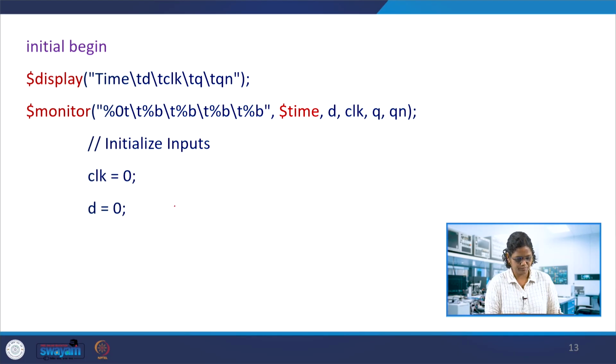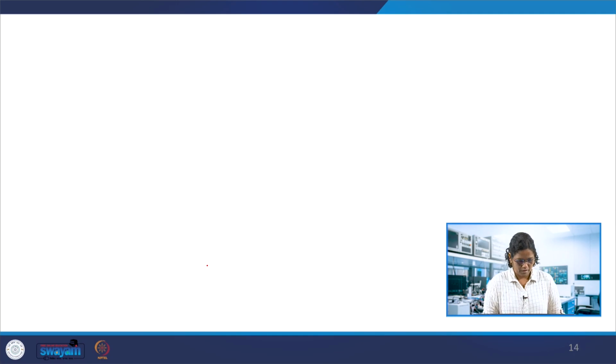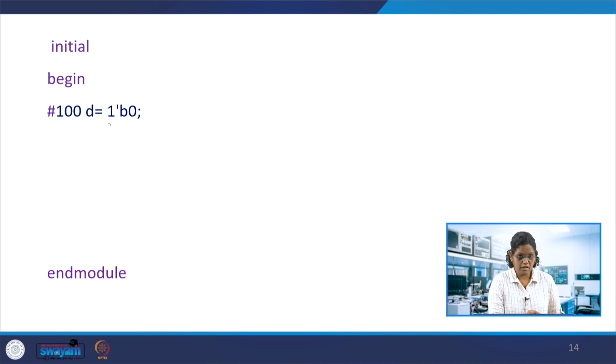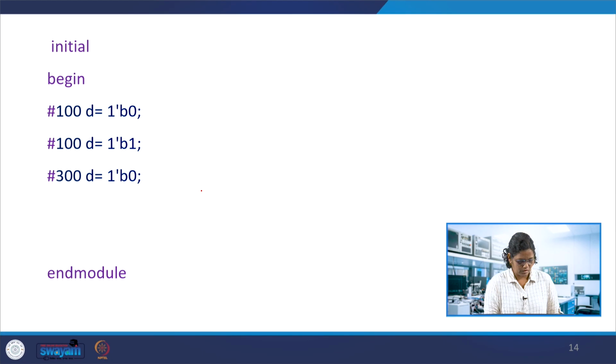Initialize the inputs, generate a clock, next hash 100 clock equal to not clock, then comes the initial begin. We have the stimulus: hash 100, D is made 0, D is made 1 after 100 nanoseconds. After 300, D is made 0, and after hash 200, D is 1.